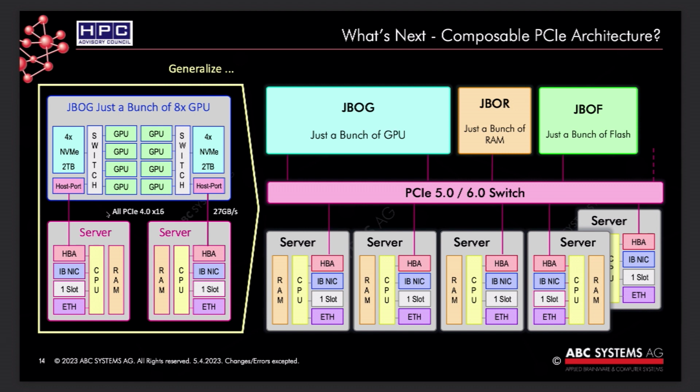Please. How many links do you have from the G1 to the switch? So the switch will have around 144 ports, and here it's up to you how many you will take out. So you can do all the failover. Yes.